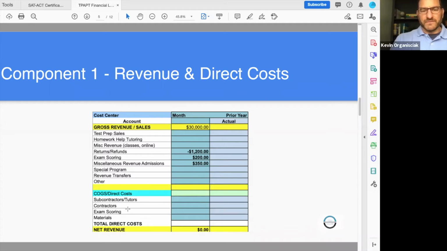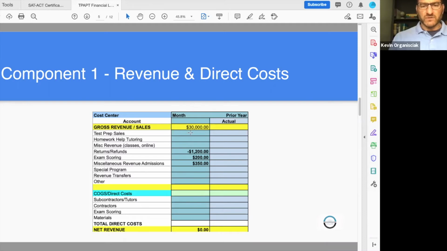And again, the cost of goods sold are represented here by the contractors, an agency that does the exam scoring for the company, and materials, so books and things like that. All these together produce your net revenue.